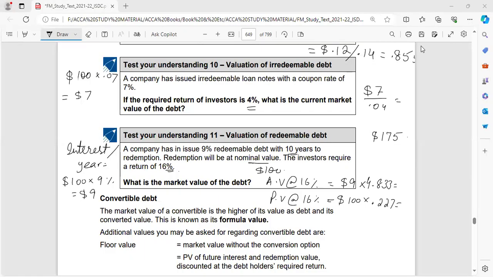So now we will calculate annuity value, 9 into 4.833, 43.497, plus 22.7, 66.197.